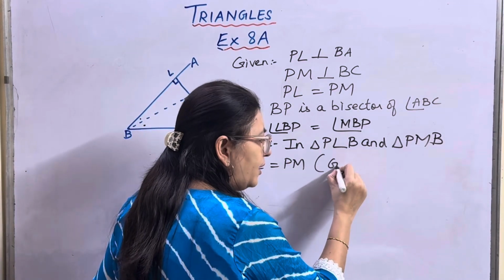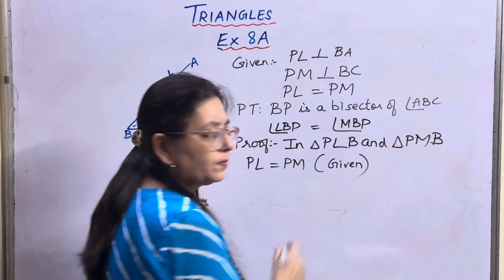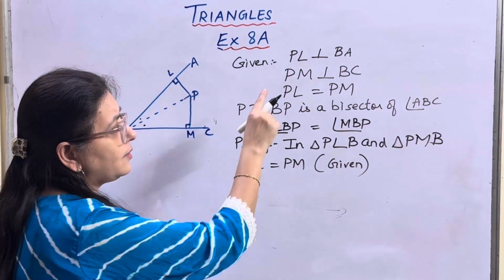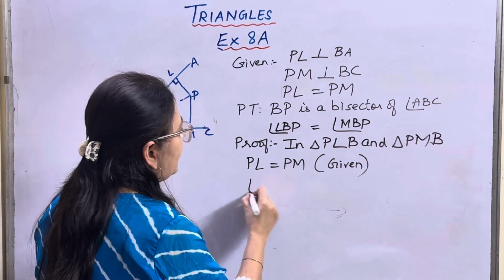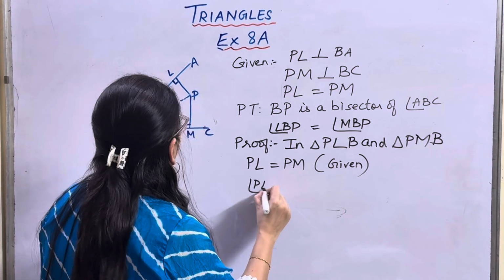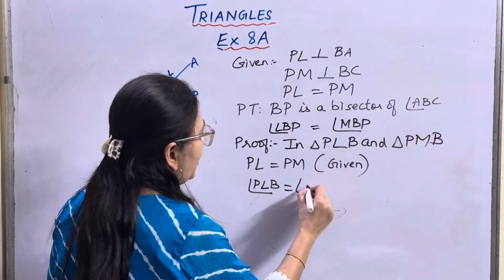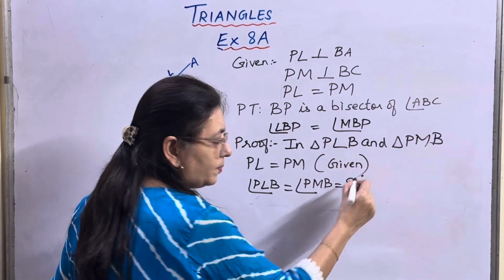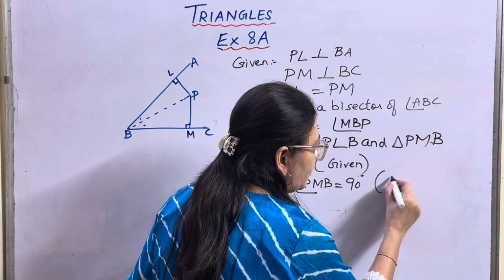How do we know? It is given in the question. Then these two are right angle triangles since they are perpendicular. So we can say that angle PLB is equal to angle PMB is equal to 90 degrees. This is also given in the question.